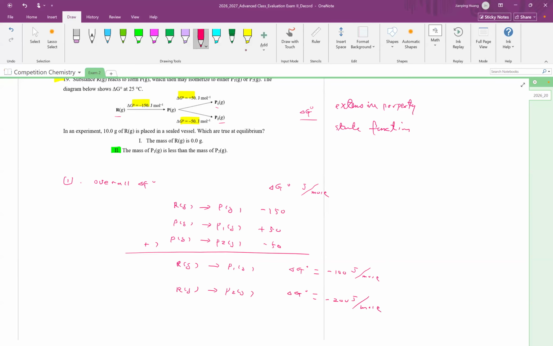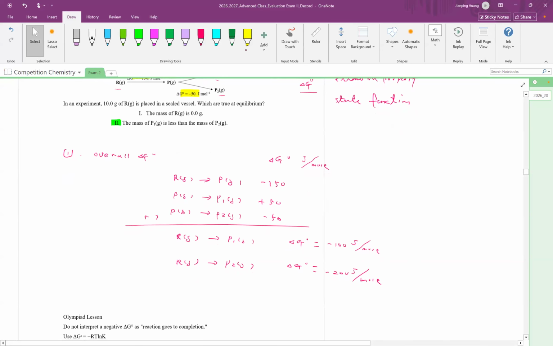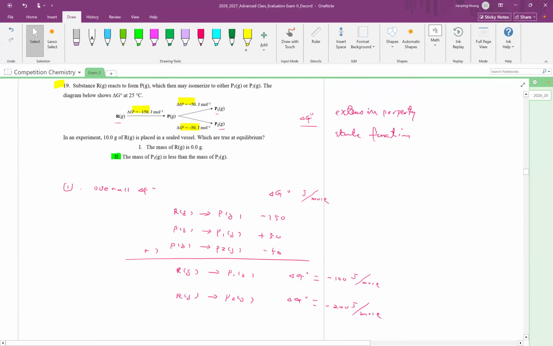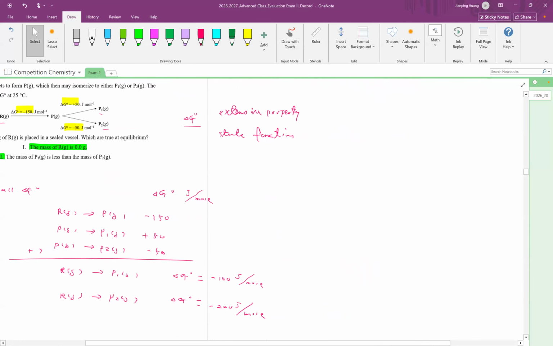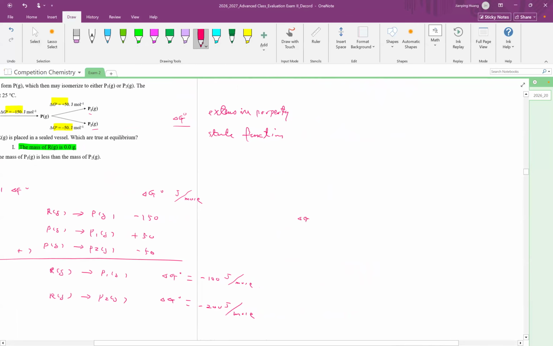Now let's look at, from here, what are we going to do? Look at this one. The mass of Rg equals 0. Since delta G equals minus 150 joule per mole, look at it. K equals what? K equals e to the minus delta G over RT.